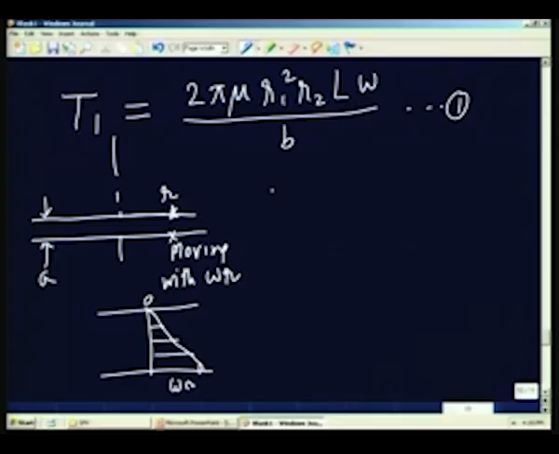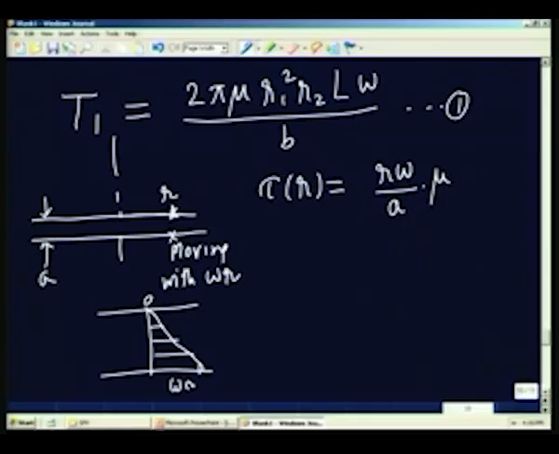Therefore, corresponding to this, we have a shear stress which is a function of r, given by this r omega, the velocity, divided by the gap which is a, multiplied by mu: mu r omega by a.